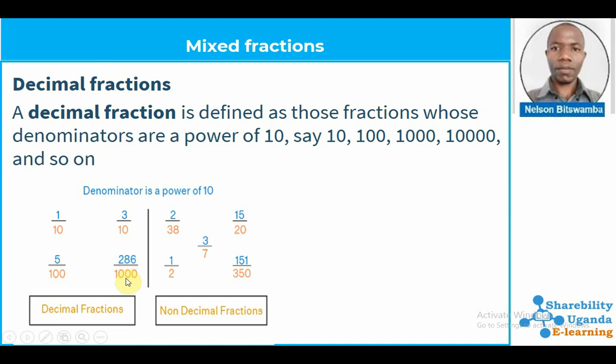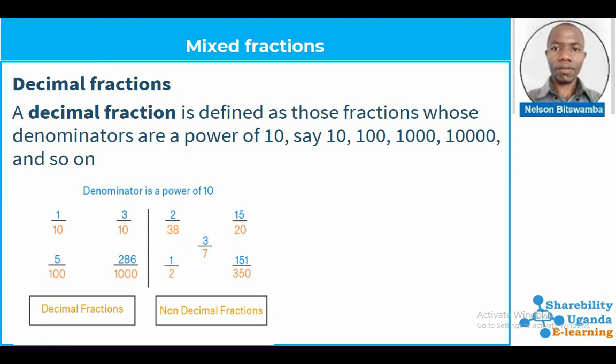Then here we have been able to identify which one is a decimal fraction, and which one is a non-decimal fraction. As we have said that these are fractions whose denominators are powers of 10, that means when you have a number and it is not having a power of 10, we shall not consider that as a decimal fraction.